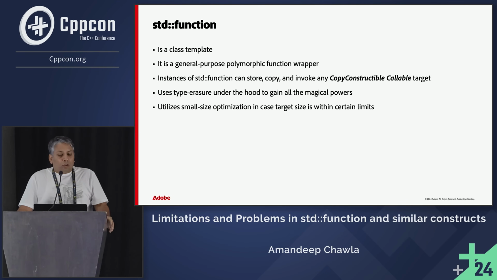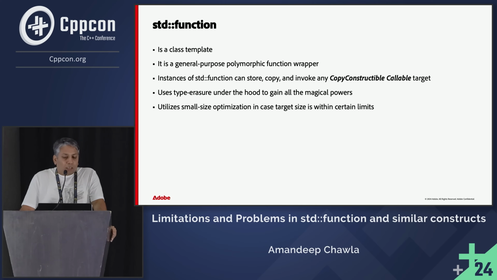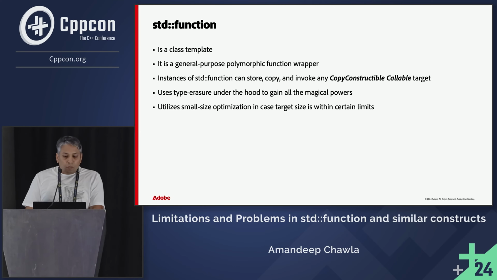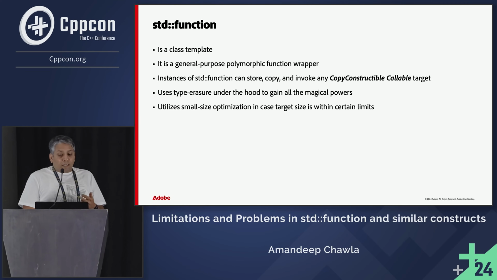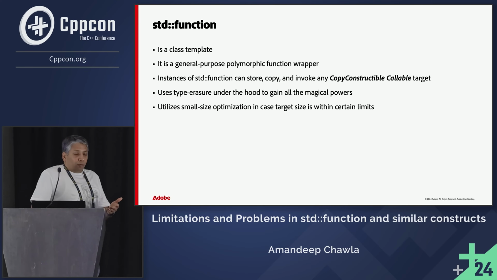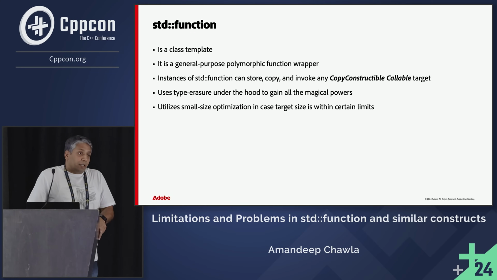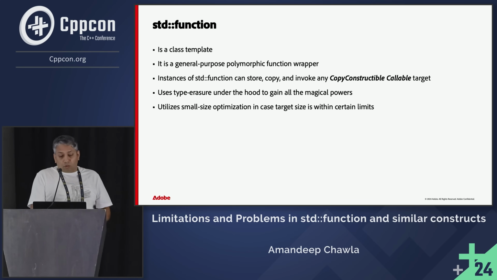And it also utilizes small size optimization in case the target size is within certain limits, to prevent unnecessary dynamic allocation. The targets can be normal functions or function pointers, Lambda expressions, bind expressions, other function objects, and pointers to member functions or data members. That's all it can store.